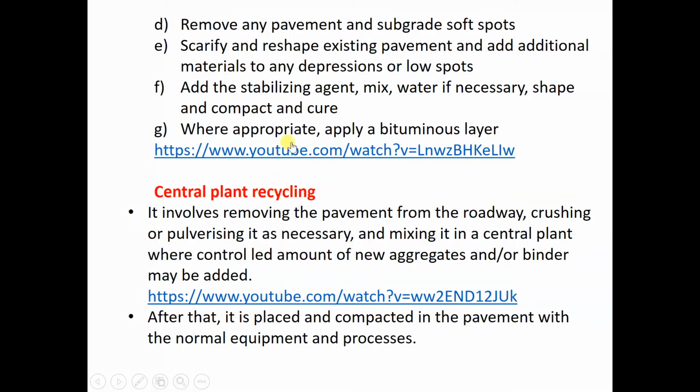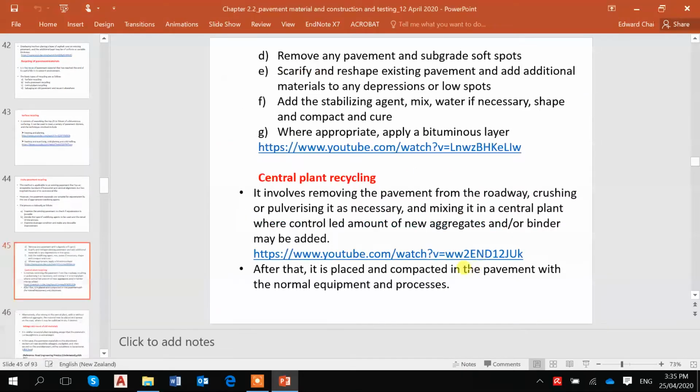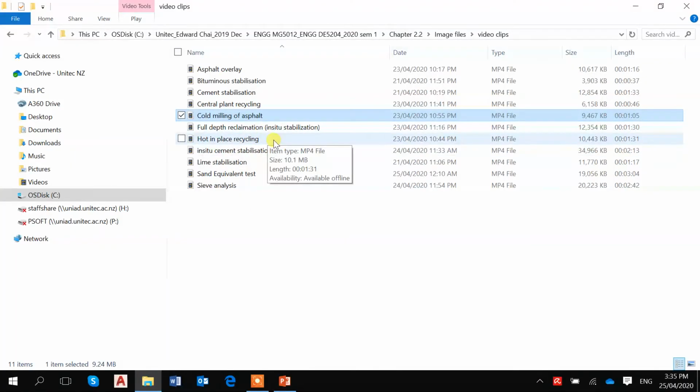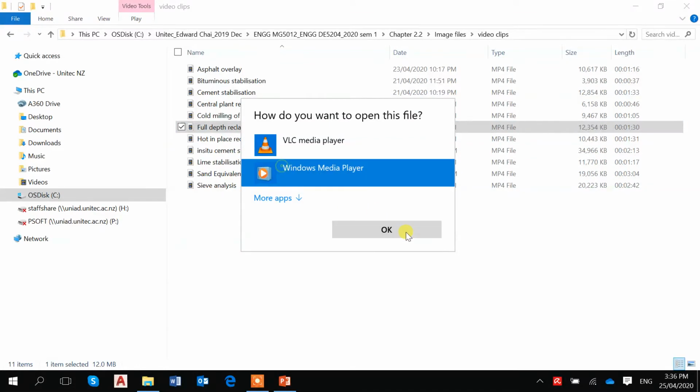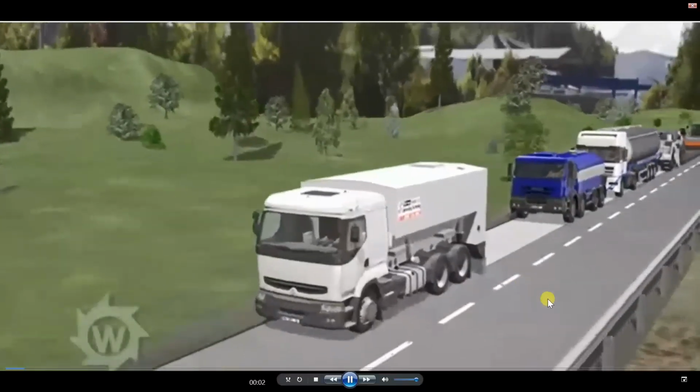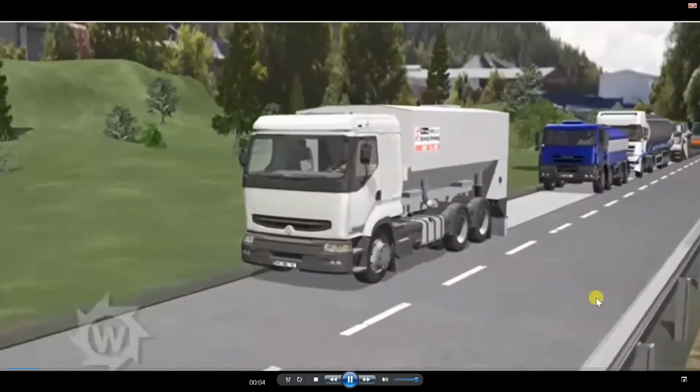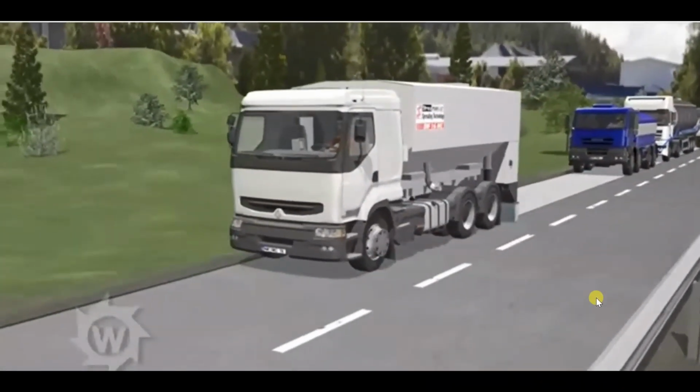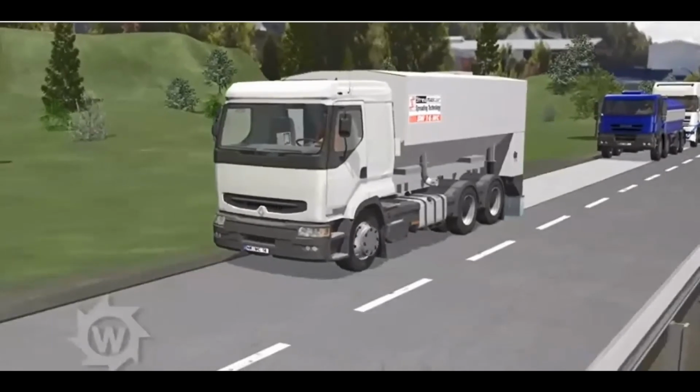Okay, so we look at in situ stabilization. Recycling with pre-spread cement and foamed bitumen: a Streumaster binding agent spreader pre-spreads small amounts of cement.